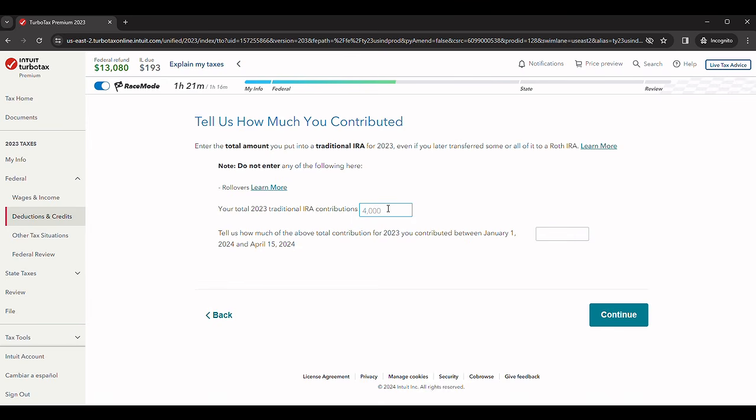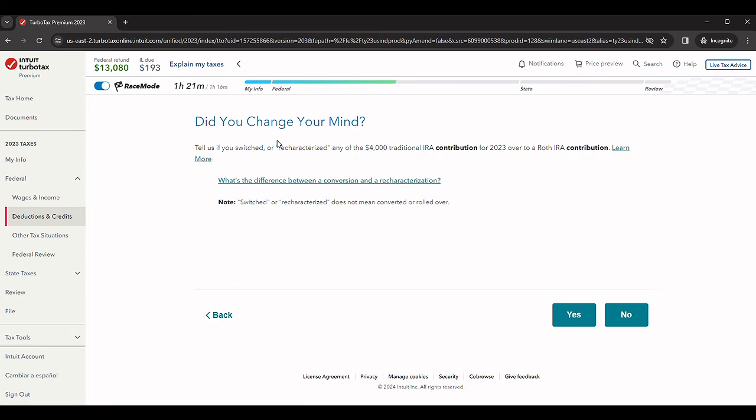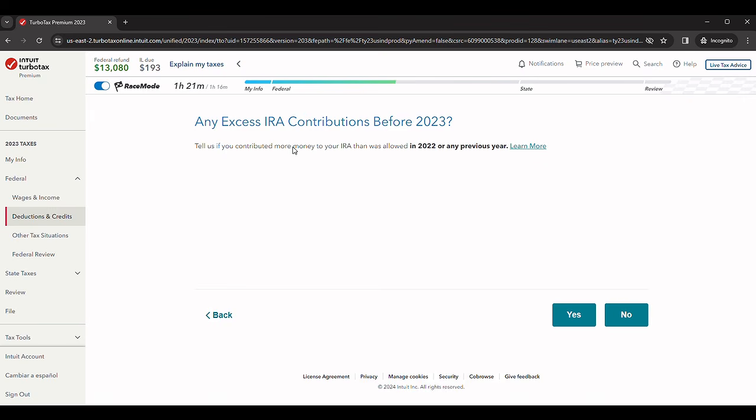So $4,000 contributions to traditional IRA last year. Continue. Did you change your minds? No, we didn't. They're talking about converting money, called recharacterization, but no, we didn't. Any excess? Did you put in more money than you're allowed to? Nope.